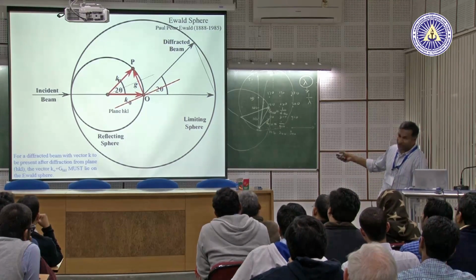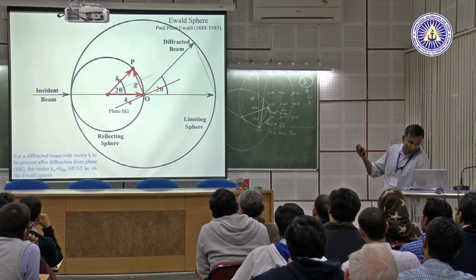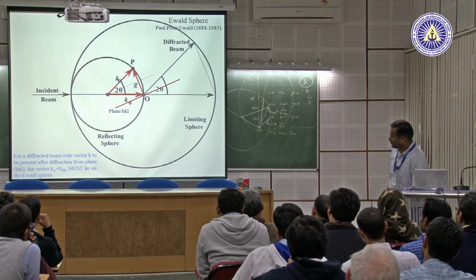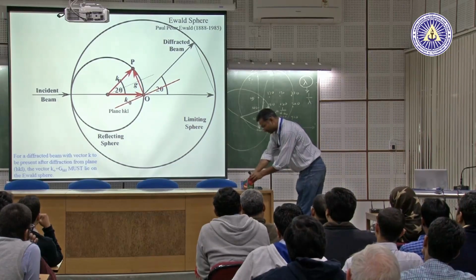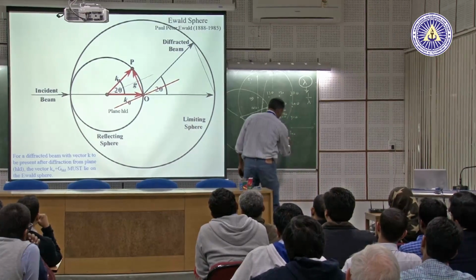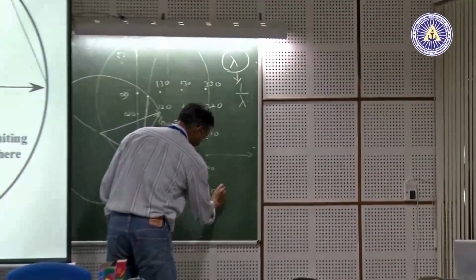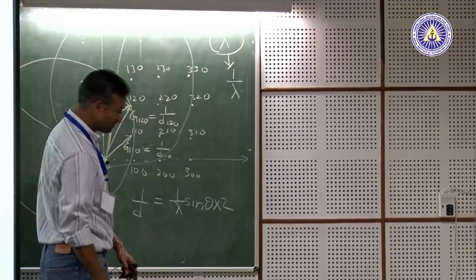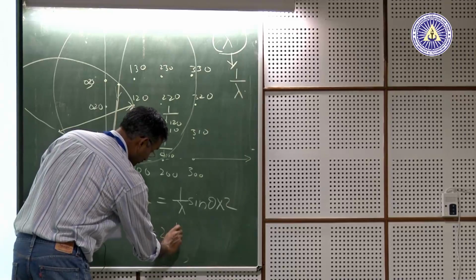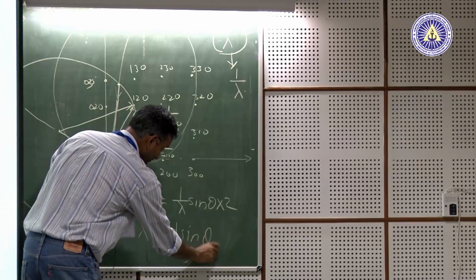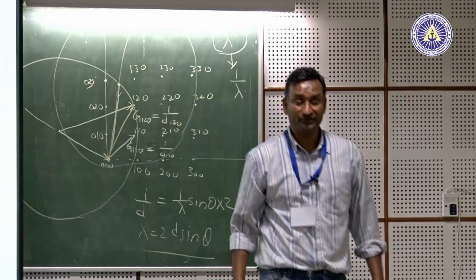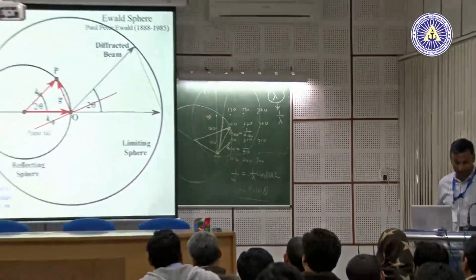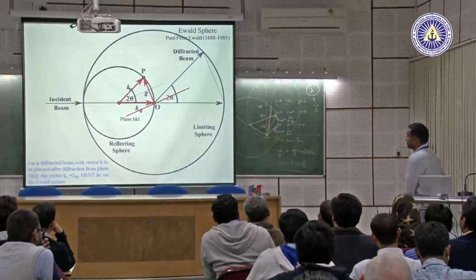So this becomes 1 over lambda sin theta multiplied by 2. And what is this equal to? 1 over d. So 1 over lambda sin theta multiplied by 2 is equal to 1 over d. What do you get? Lambda is equal to 2d sin theta. So basically it's the same thing that you say in real space, that lambda is equal to 2d sin theta. It's a different way of representing it.